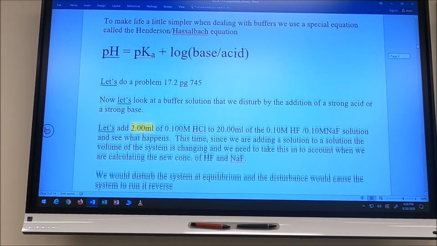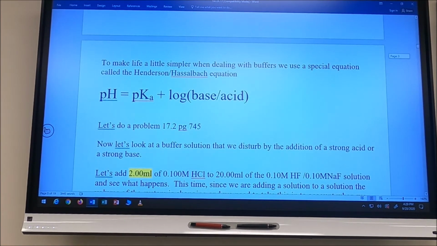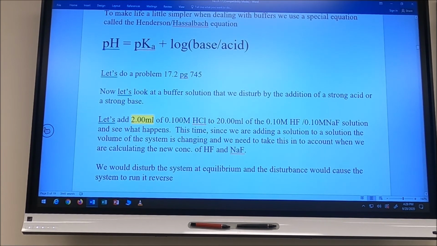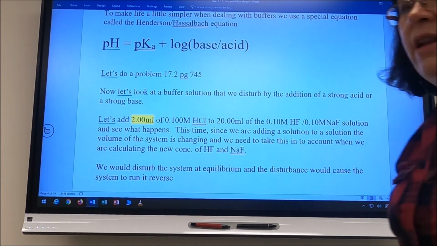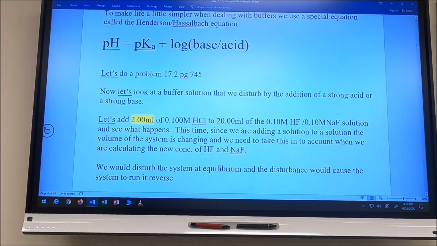Okay? Now, I'm going to jump back up here, because I rolled the thing down too much. Let's just look at a simple Henderson-Hasselbalch problem 17.2. It says calculate the pH of a buffer solution when 0.250 molar HCN and 0.170 molar KCN solution is made.